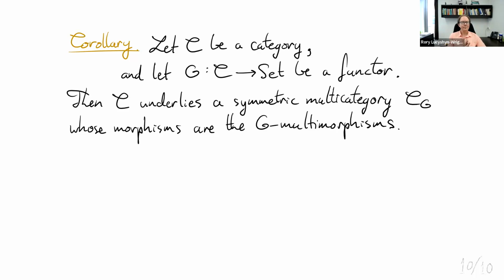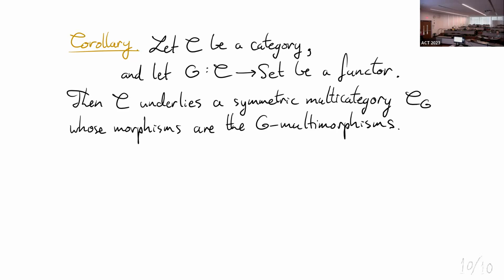And so indeed, it's an interesting question to ask whether any of what I've done here generalizes to a setting of generalized multi-categories rather than simply symmetric multi-categories in particular. Interesting question. I don't really have any definite answer to that.